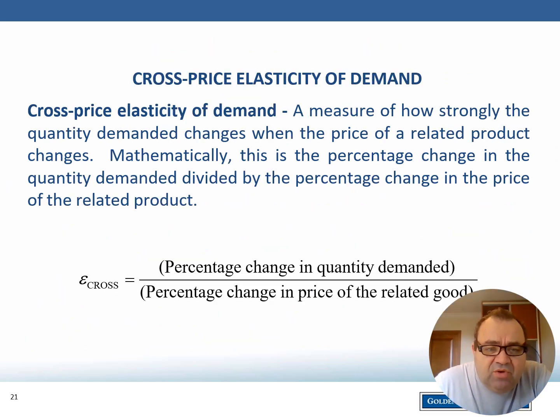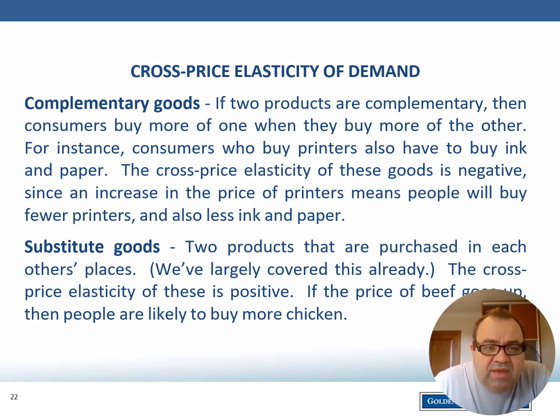There is also something called cross-price elasticity of demand. This is a measure of how strongly the quantity demanded changes when the price of a related product changes. The definition is percent change in quantity demanded divided by percent change in price of a related good. There are complementary goods and substitute goods.